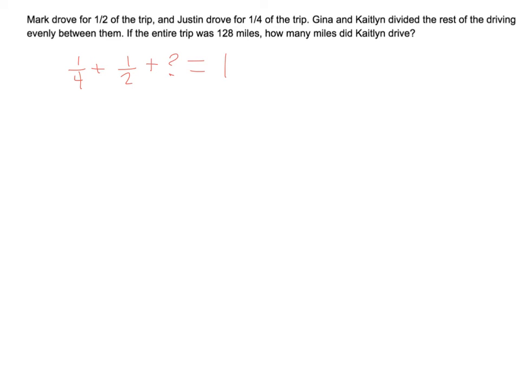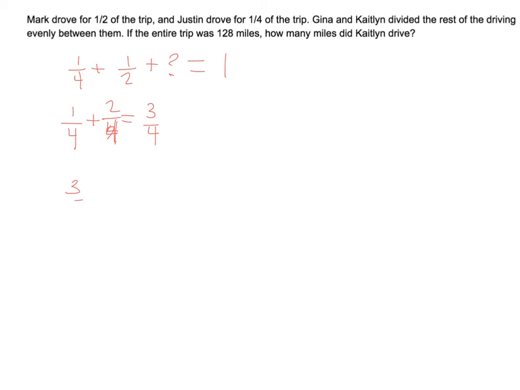So if we add these together, we're going to, first of all, change these so that we've got like denominators. So I'm going to write this as 2 over 4. And that's going to give me 3/4.